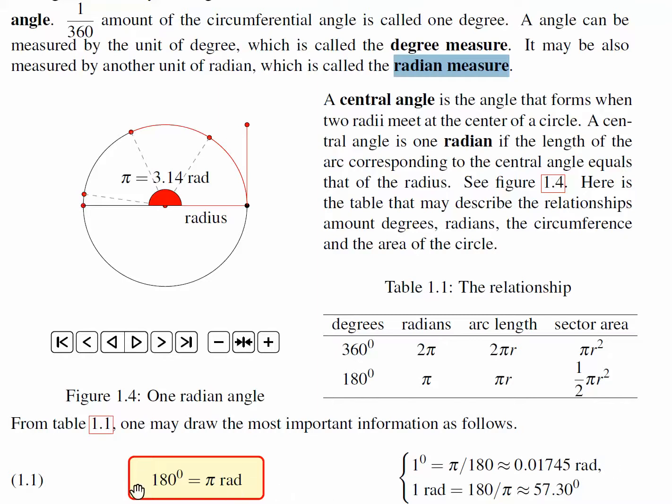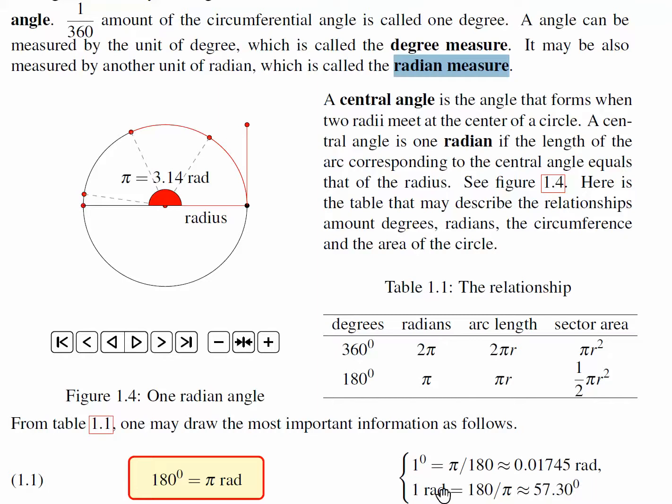If both sides right here are divided by pi, then the right-hand side will be 1 radian. The left-hand side is 180 divided by 3.14, divided by pi, which is 57.30 degrees. And we know 1 radian was approximately less than 60 degrees.